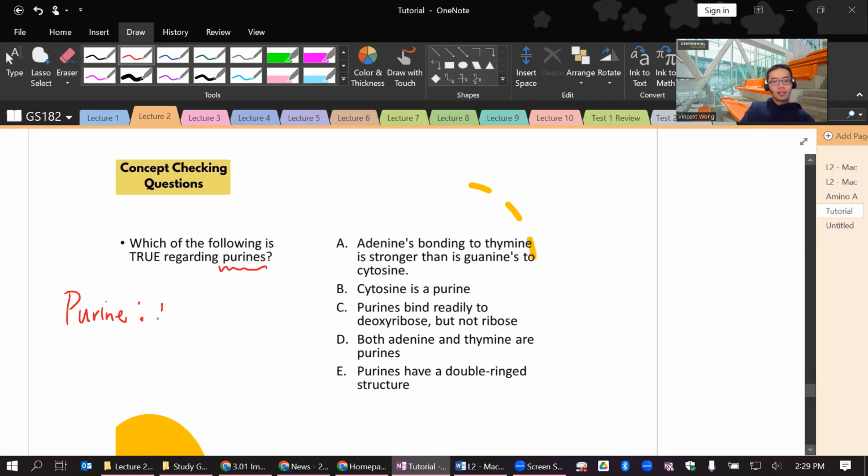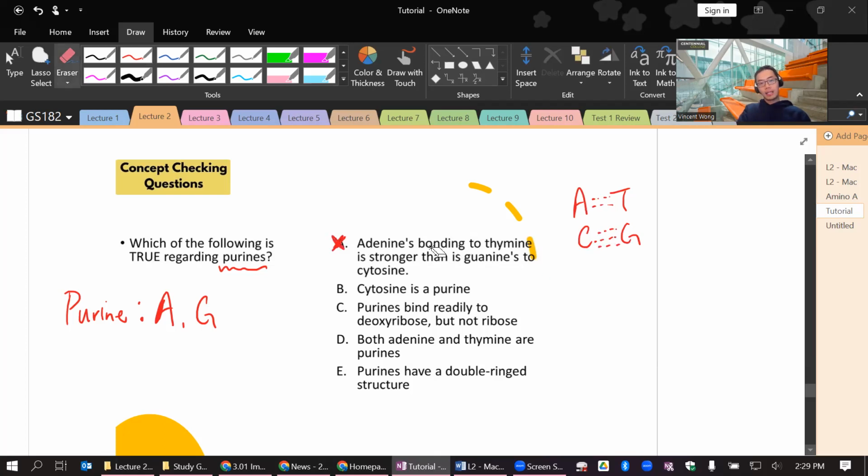Pure as gold. So A and G, those are the purines. Exactly. And so let's take a look. Adenine's bonding to thymine is stronger than guanine's to cytosine. I wrote this down for you. Between A and T, there are 2 bonds, but between C and G, there are 3 bonds. So that is not true.